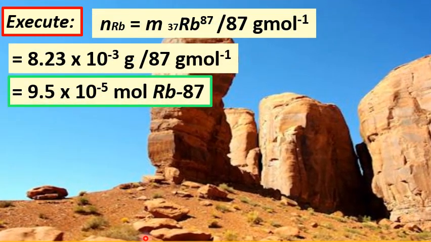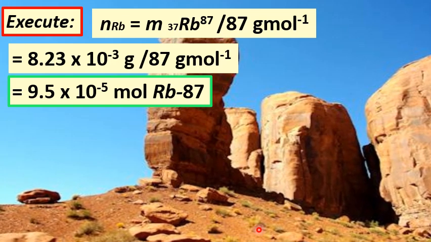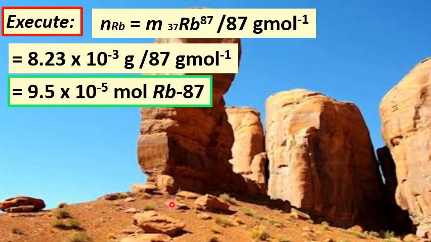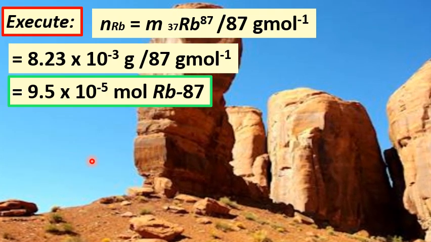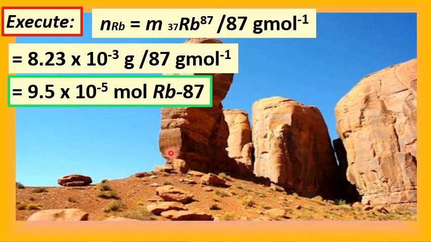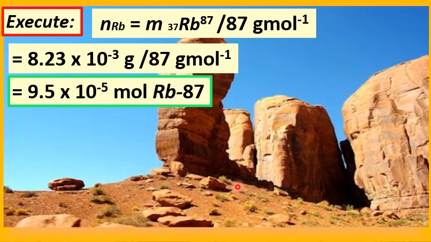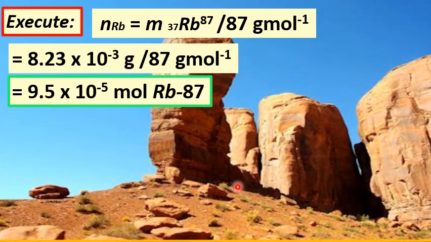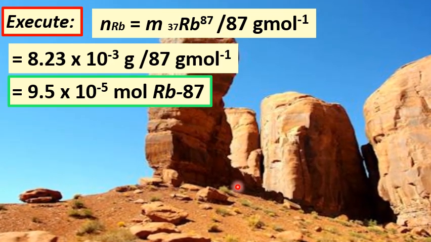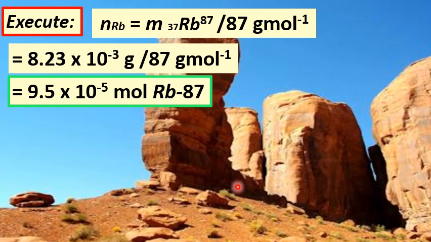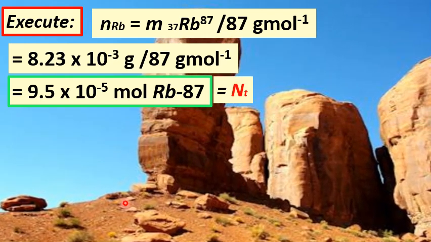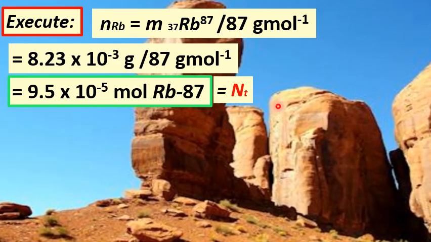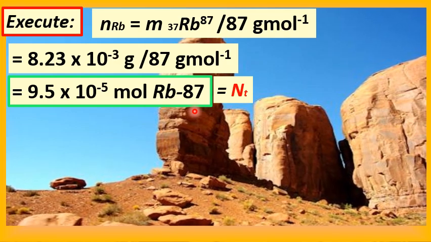So executing the preceding formulas, we find the mole equivalent for rubidium equal to 9.5 times 10 to the negative 5 moles. And this number of moles of rubidium-87 at time t is denoted as the value of capital NT.